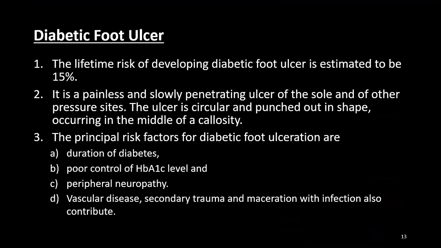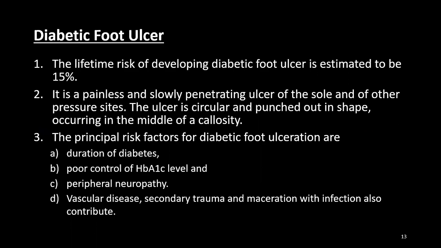Principal risk factors for diabetic foot ulcers are the duration of diabetes. The longer the duration of diabetes, the more the risk of developing a diabetic foot ulcer. Poor control of hemoglobin A1C levels. So poor control of diabetes also contributes to foot ulcers, both the duration and poor control. Then if the patient has peripheral neuropathy, there are more chances of developing a diabetic foot ulcer.